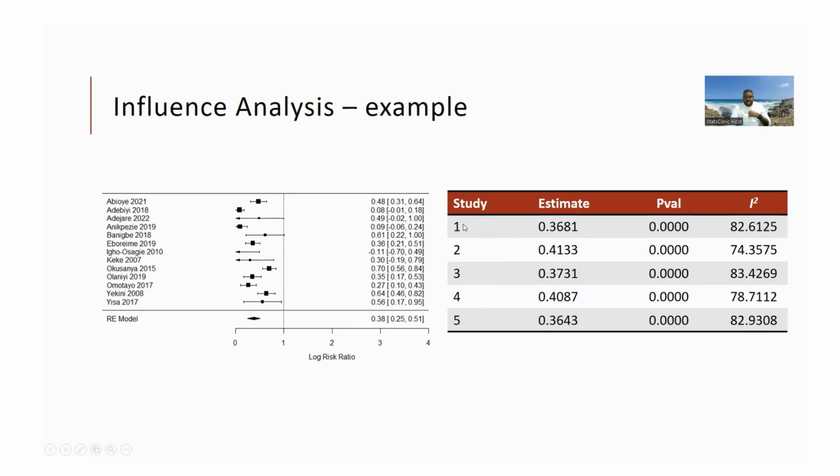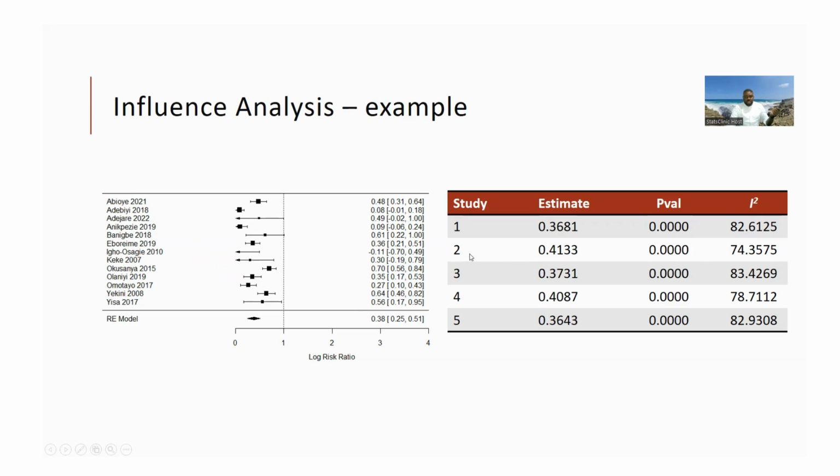When you take out study one, you then repeat your meta-analysis and you find a point estimate that's now 0.3681. You compare that to what you had, you see that, oh, it didn't really change so much. Or you might compare the p-value, or you might compare the I-squared, right? So maybe the I-squared that you had before was 80%, for instance, and now is 82%.